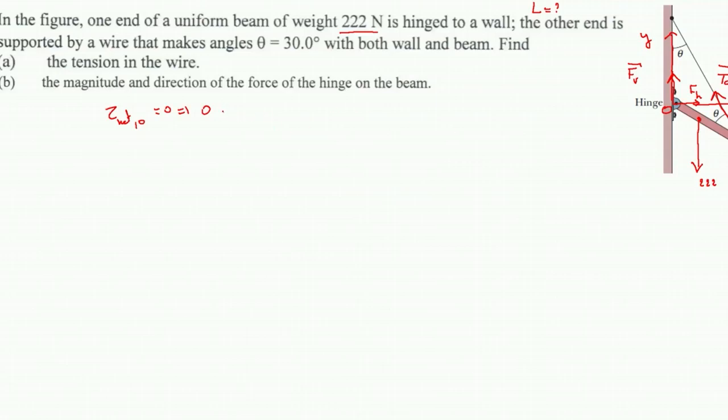It's negative, it's minus. So let me call this number 22.2, let me call it mg. Okay, so it will be minus mg. This is the magnitude of the torque, minus clockwise mg. Now I will use this formula, okay, R F sine phi.